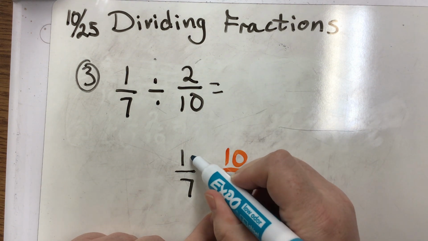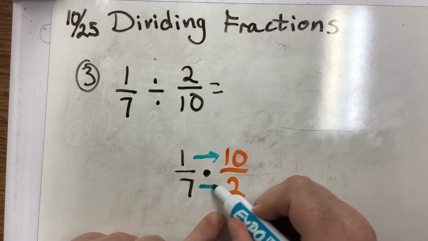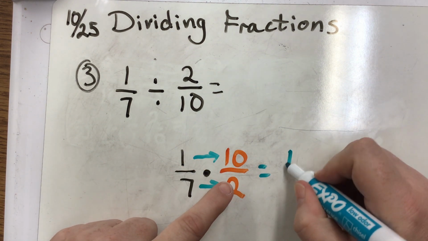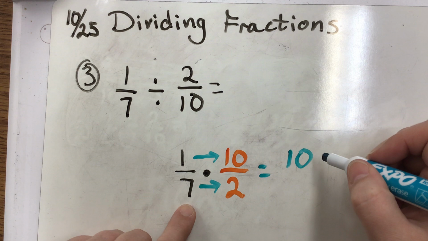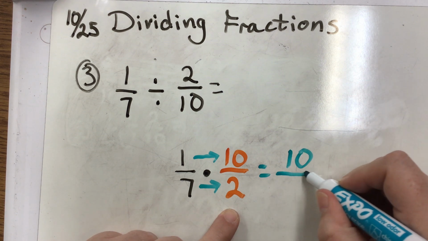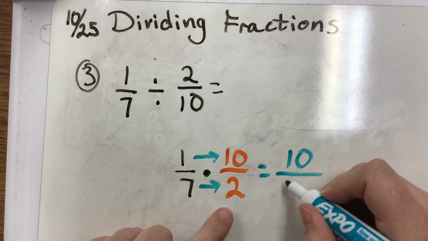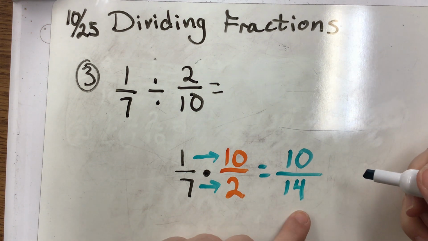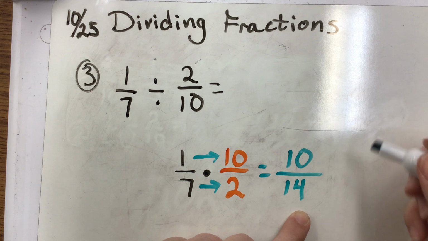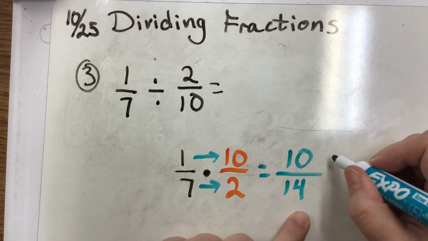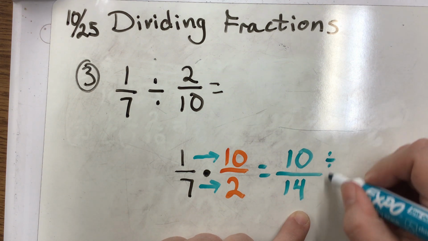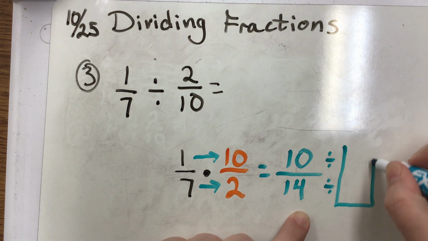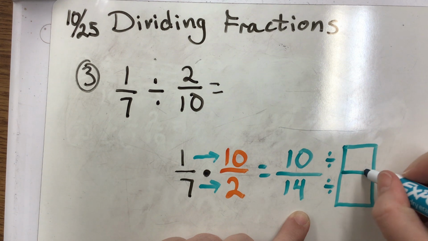Okay, now we're multiplying. When we multiply, we just go straight across. 1 times 10 is 10. 7 times 2, put it into Desmos, and I get 14. All right, again, we need to divide. What are we going to divide by? Our giant 1. Or we're going to just put it into Desmos, whichever you want to do.